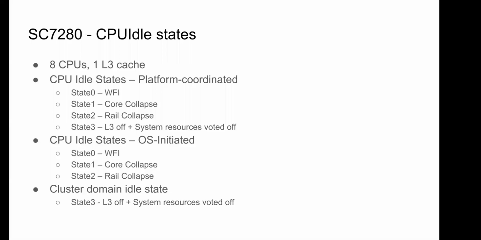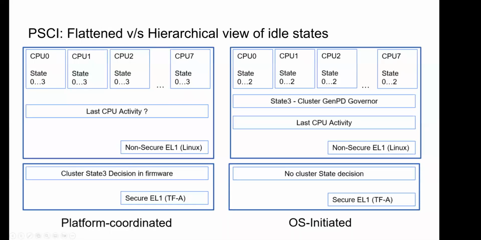So when it comes to platform coordinated scheme, all of these are in a flattened model, in the sense state 0 to 3 are all at CPU level and the CPU governor has to select them. Whereas in OS initiated scheme, state 0 to 2 are at the CPU level, in the sense the CPU idle governor has to select them, but for state 3 there is a domain idle governor to select them.